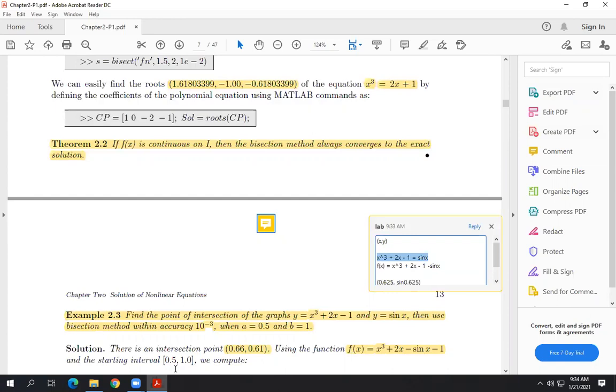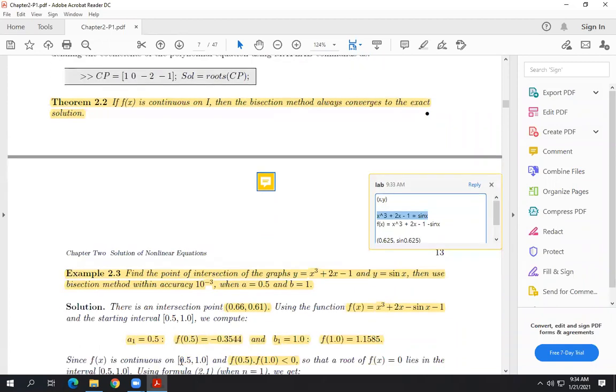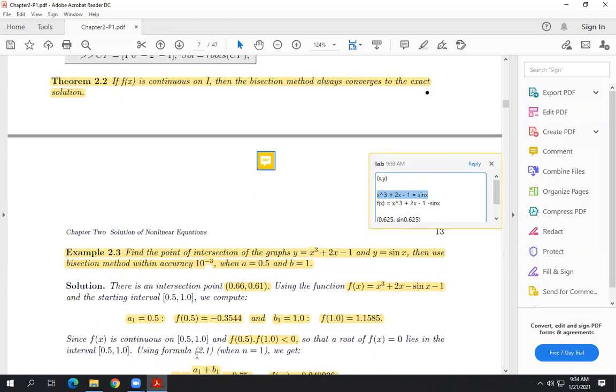Now you have to check one thing: is the x, the alpha, inside or not? How can you check? The values of this function at the endpoints of the interval must have opposite signs. At a, your function is negative. At b, your function is positive. Yes, guaranteed, because they are opposite signs. It means in this interval there is alpha.